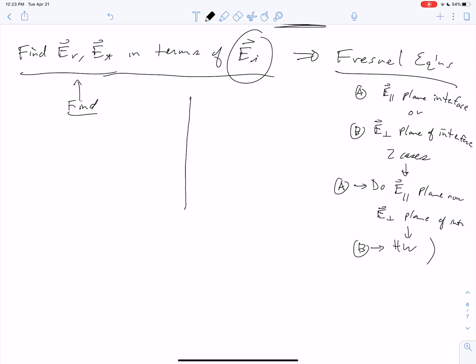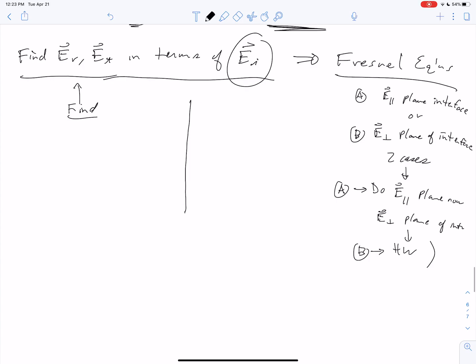So let's draw case A, parallel to the plane of interface. For this case, this is what we have. Here's our boundary, z equals 0. This is material 1. This is material 2. This is described by index of refraction 1, index of refraction 2. Now let's draw the normal.